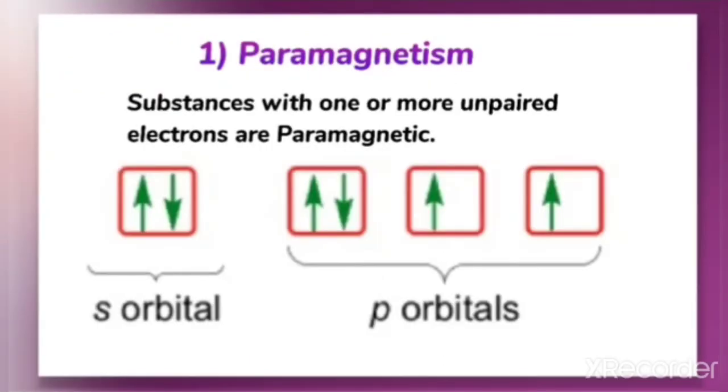First one is paramagnetism. The substances with one or more unpaired electrons are paramagnetic. Here one example is given.